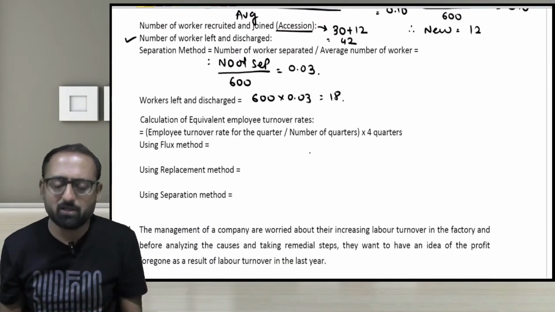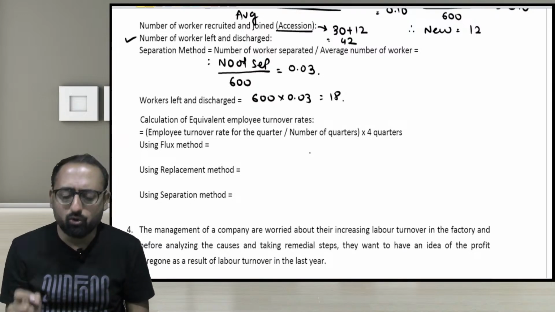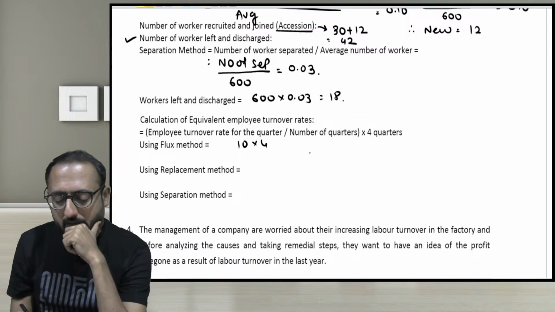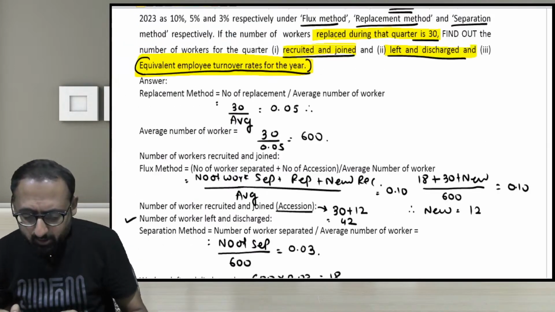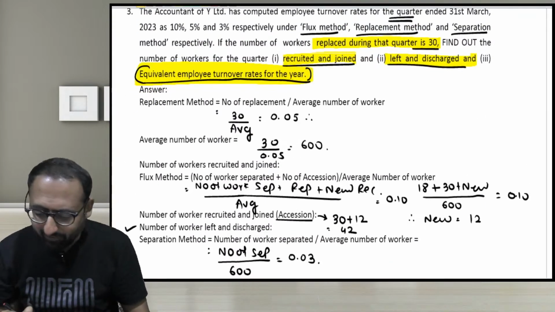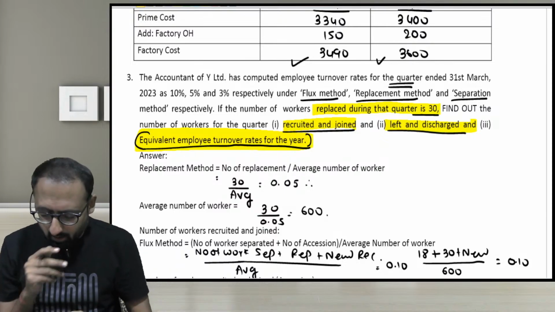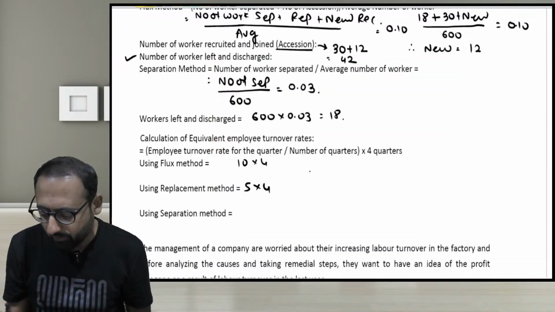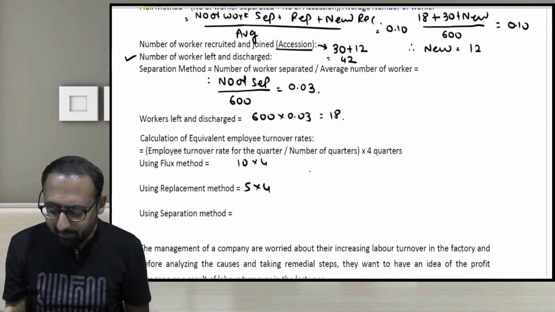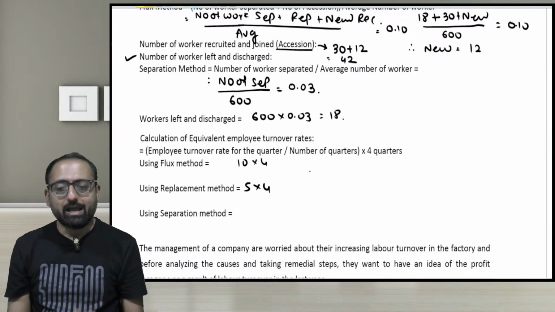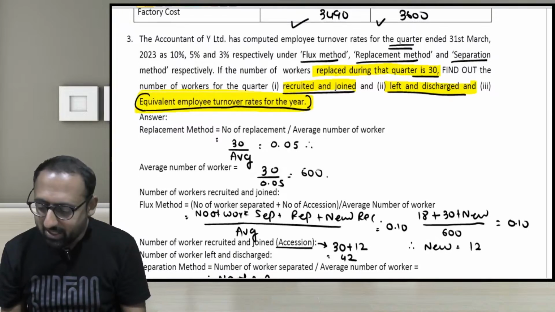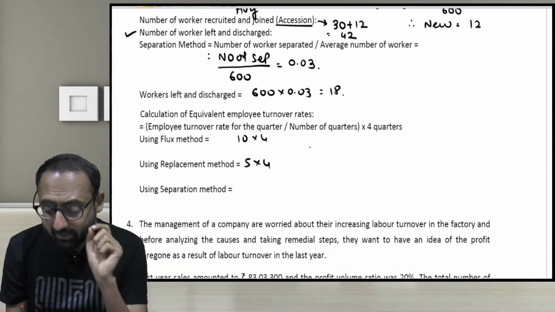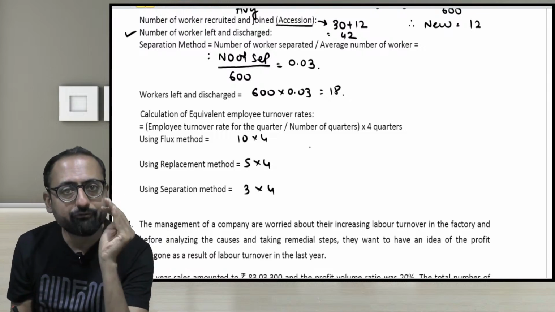Now, it is very simple. In 1 year, there are 4 quarters. So, flux method is 10% multiplied by 4. Replacement method was 5% for the quarter, multiplied by 4. And separation method is 3% for the quarter, multiplied by 4, as we have 4 quarters in a year.